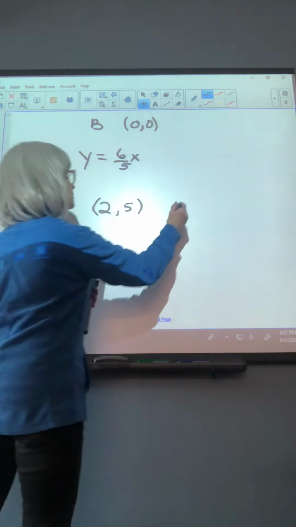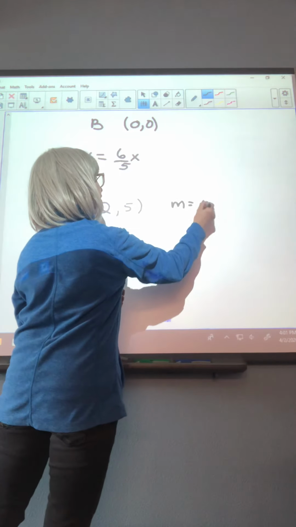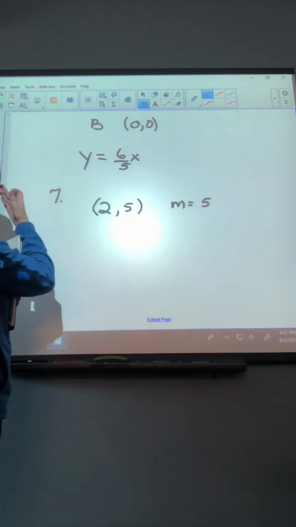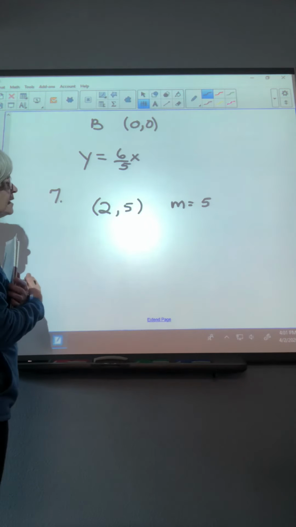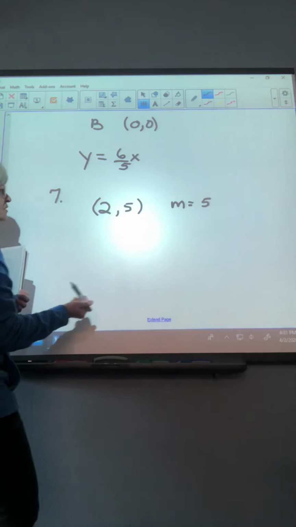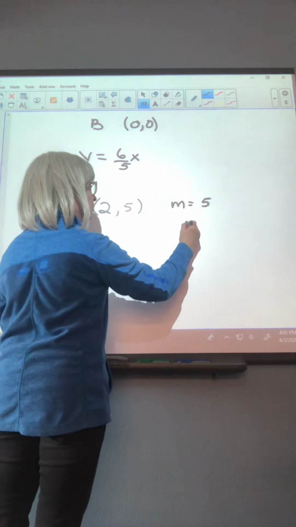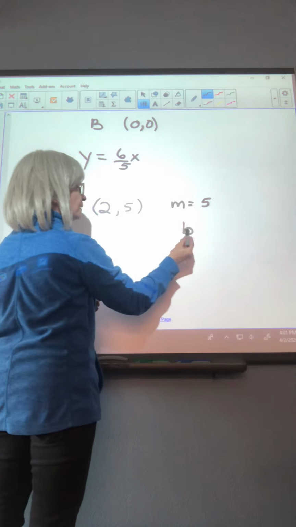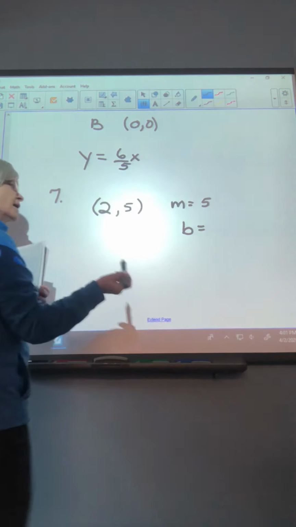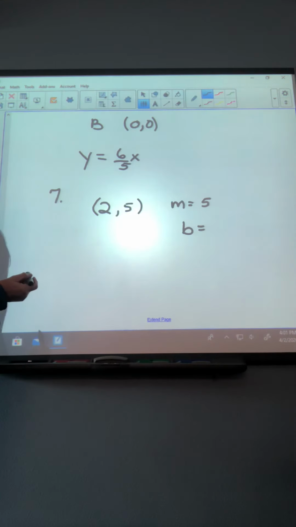And then the slope is equal to 5. So this is just some point that happens to be on the equation of the line, but it is not the y-intercept. So what we need to solve is, we need to find out what is b, which is of course the y-intercept, in order to have the equation of the line.